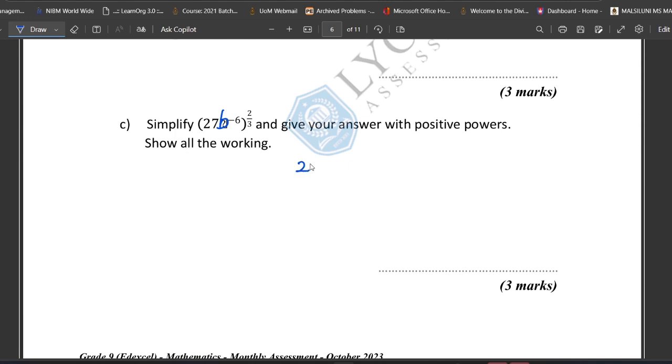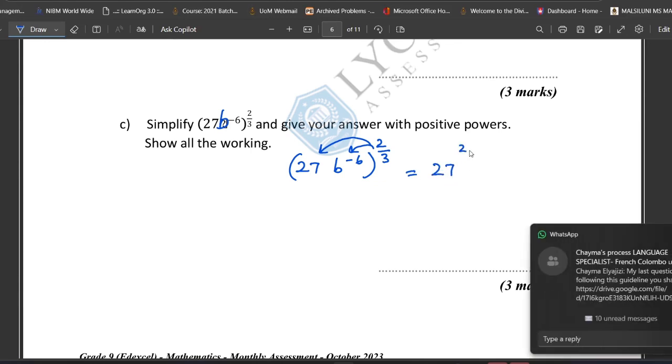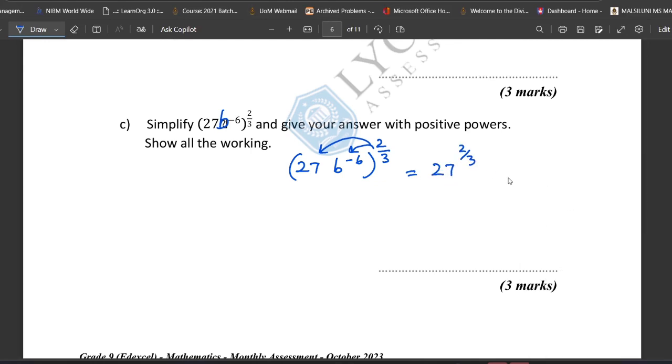So 27 B to the power minus 6 over, to the power 2 over 3. Okay, so this power is coming to both of these individually. So then we get 27 to the 2 over 3 times B minus 6 to the 2 over 3.